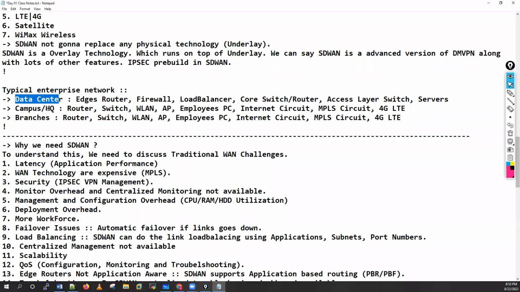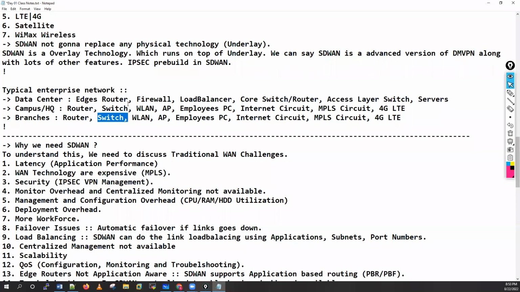In your campus or head office, you have routers, switches, wireless LAN controllers, access points, employee systems, internet circuits, MPLS circuits and a 4G circuit. In your branches you also see routers, switches, wireless LAN controllers, internet circuits and so on. So these are the devices you see in a typical enterprise network, guys.